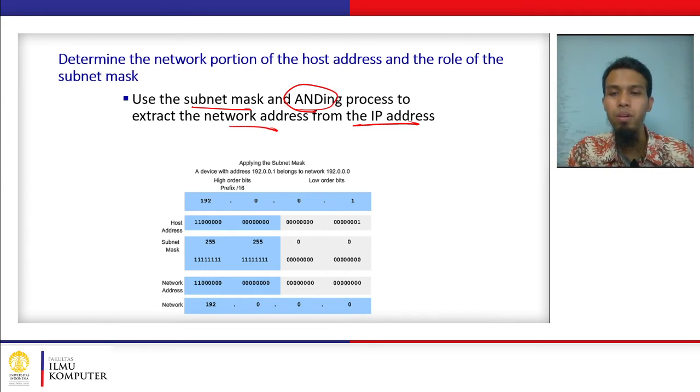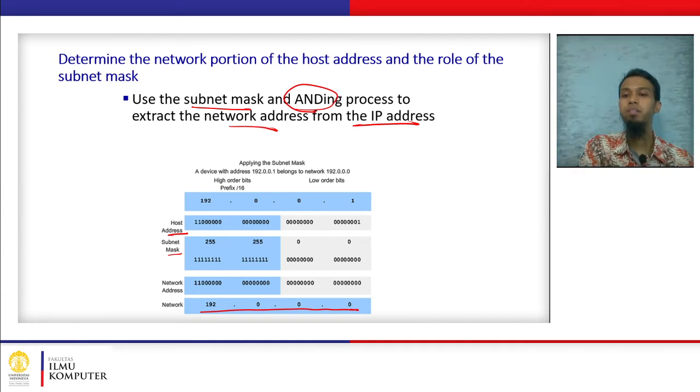If we do an AND operation between the host address and the subnet mask, then it becomes 192. 0 AND with all ones becomes 0, and 1 AND 0 becomes all zeros, right? So then we can get the network address.